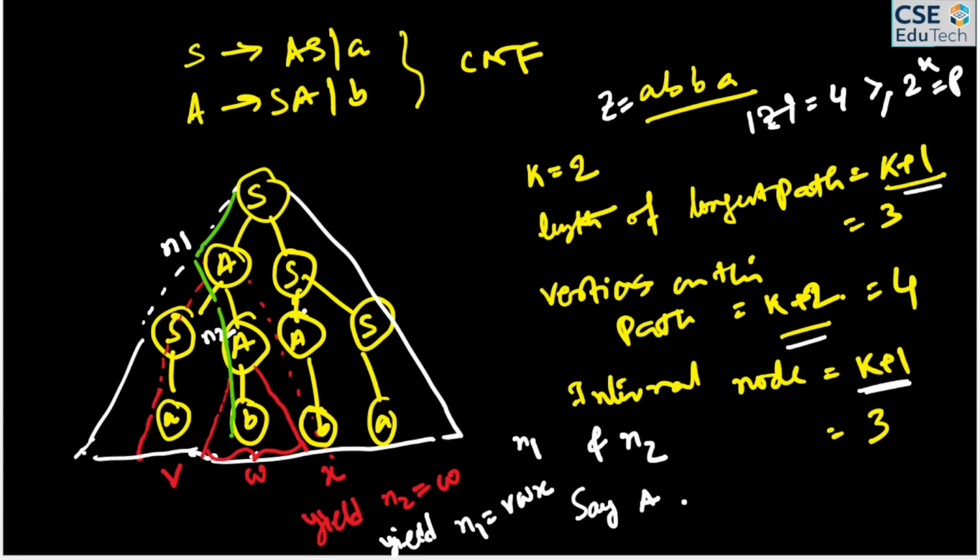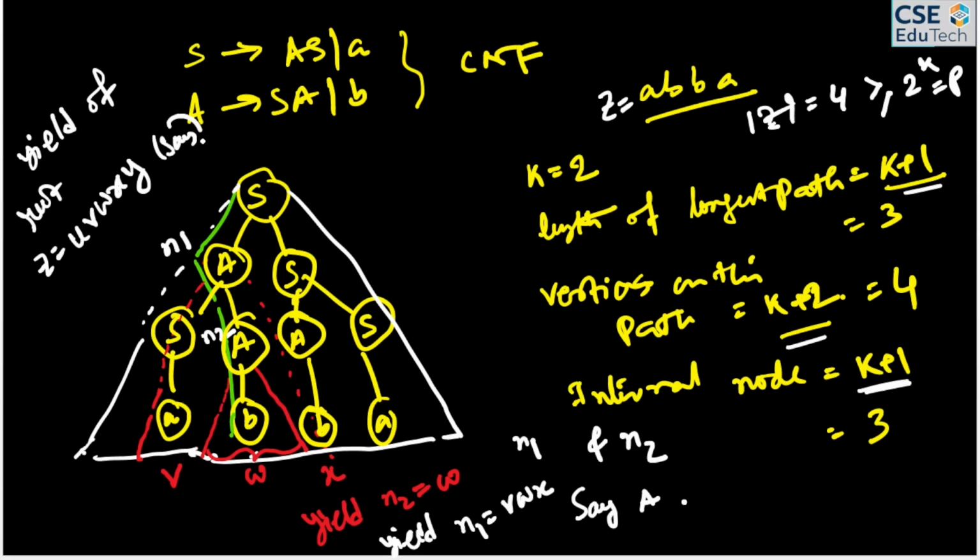Then the yield of the root, that is z, will be this portion. So starting from the root S, the yield of the root, that is z, we can write as u v w x y.